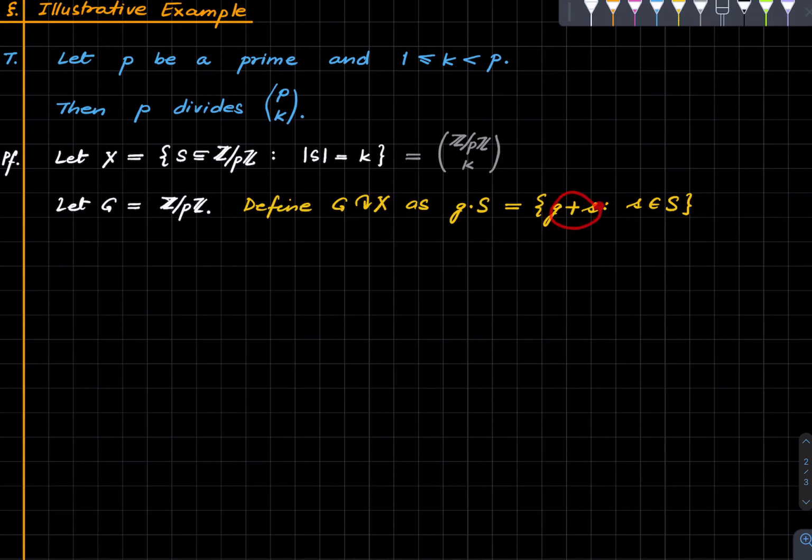This addition is happening in Z mod pZ. Both little s and little g are elements of Z mod pZ, so it's legitimate to take this sum. And so that's g dot S.